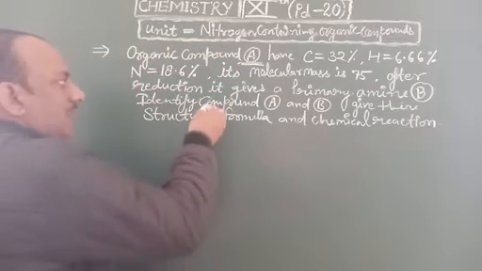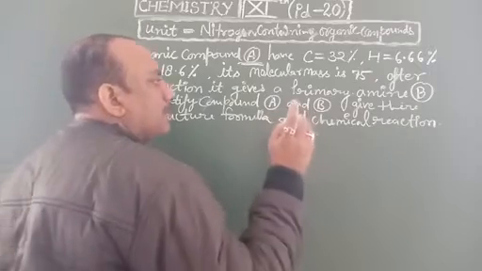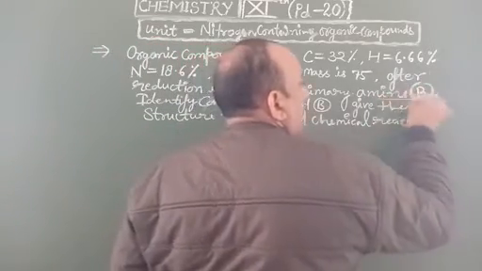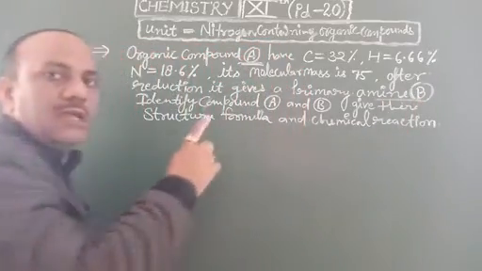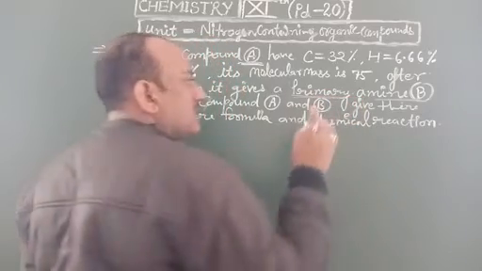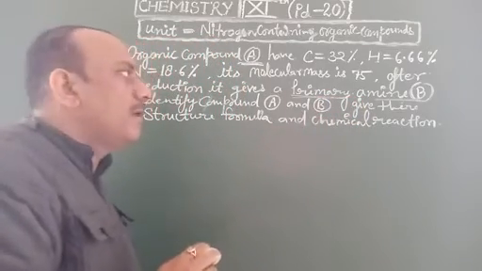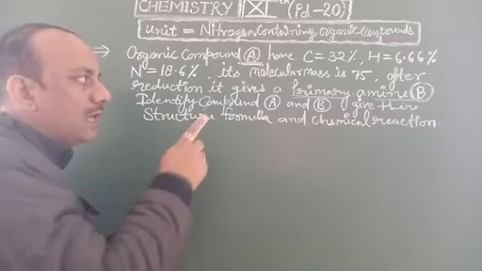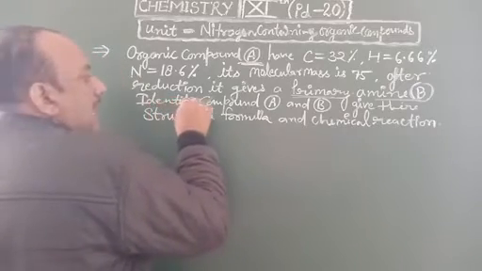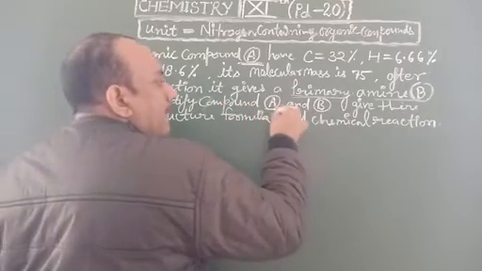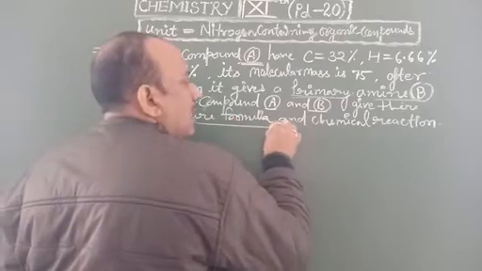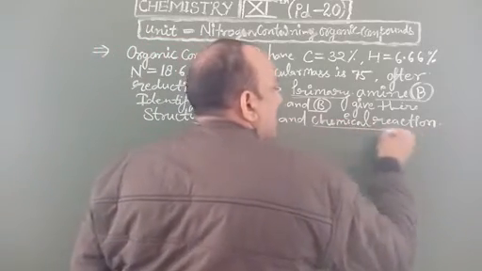After reduction, it gives a primary amine B. It is also unknown here, but the question gave a clue: this product is a primary amine. You also studied in the classification of amines that 1 degree amines are known as primary amines. So the question asks you to identify compound A and compound B, and give their structural formula and the chemical reaction.